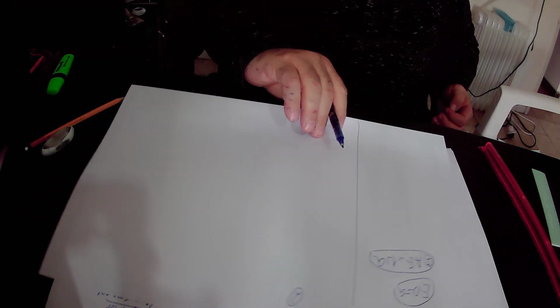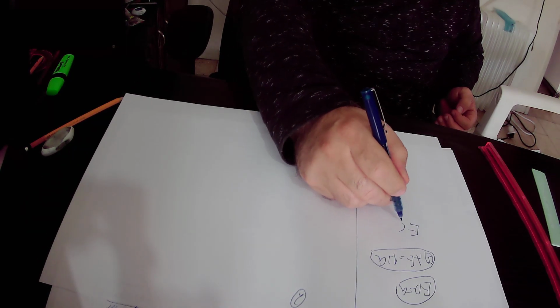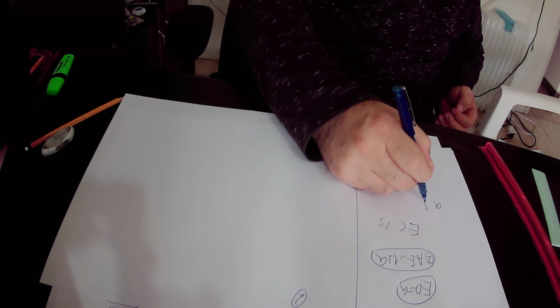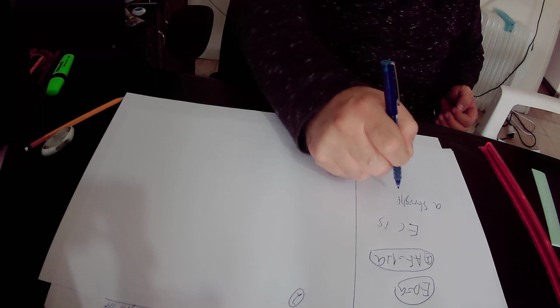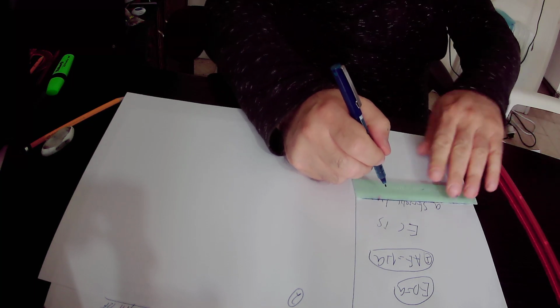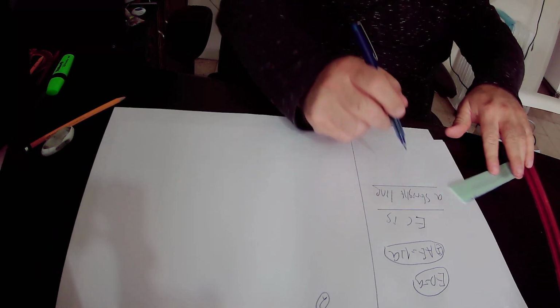So you can write down that EC is a straight line. We know that line segment EC is a straight line.